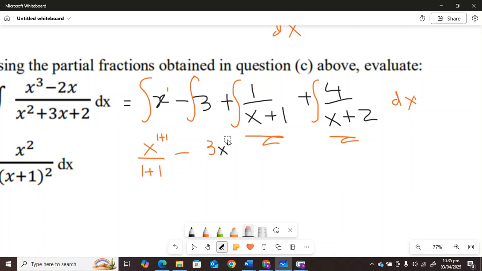So when you see a number without any letter, you attach an x to the power 0. Then what you do, you add a 1 over 0 plus 1. Okay, any questions on that, colleagues?